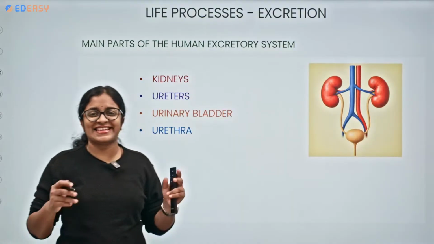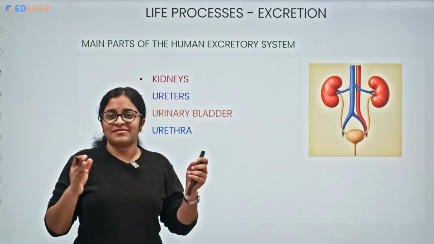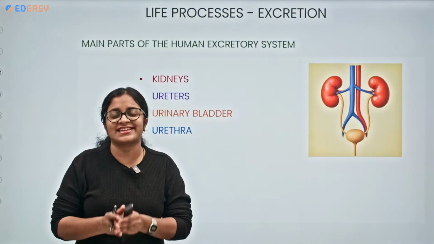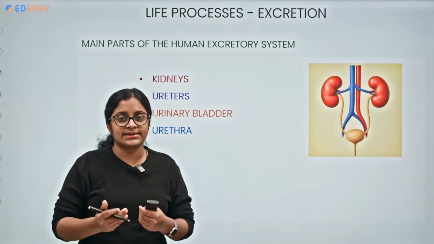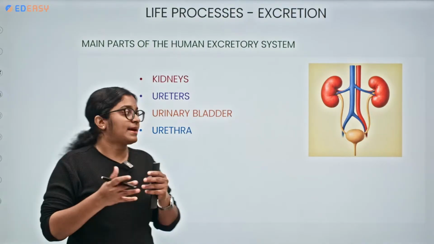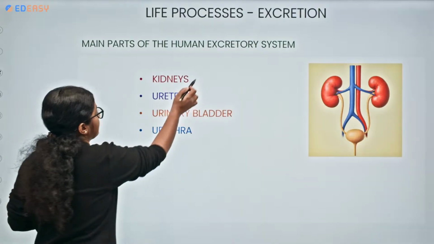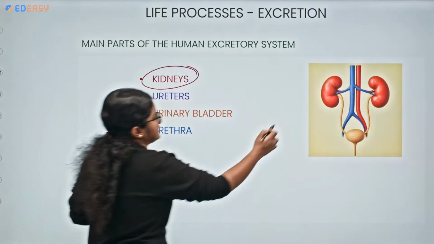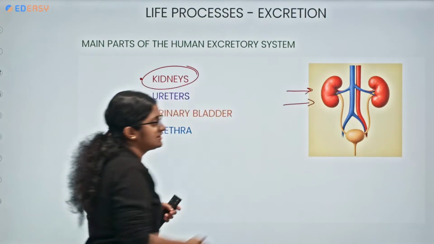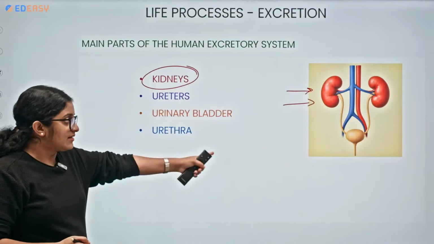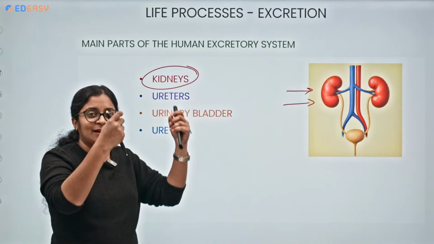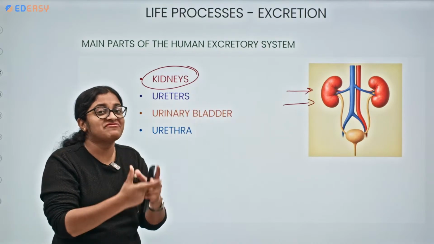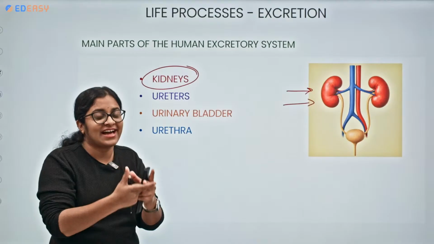So now let's enter into the concept of the main parts of the human excretory system. What are the main parts? The human excretory system is characterized by a pair of bean-shaped kidneys. From the kidneys, on both sides, long tube-like structures emerge, right?